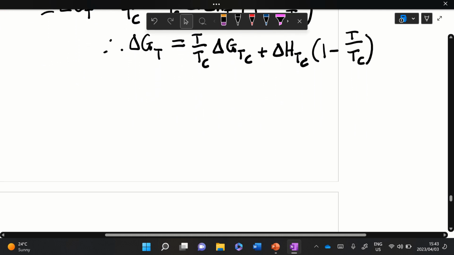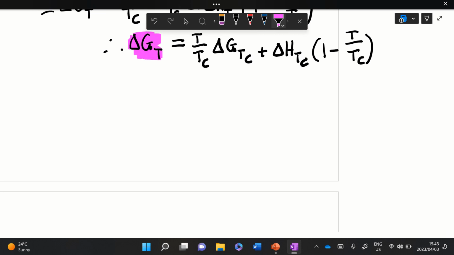Okay, so then we have a way to calculate what we want to calculate, which is the Gibbs free energy at 500 Kelvin. So we just need to plug in our values.